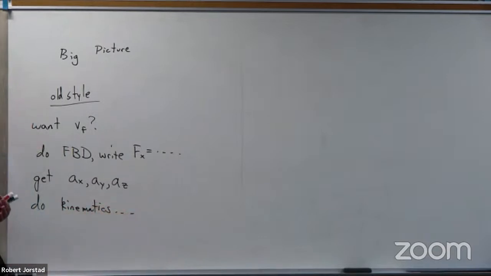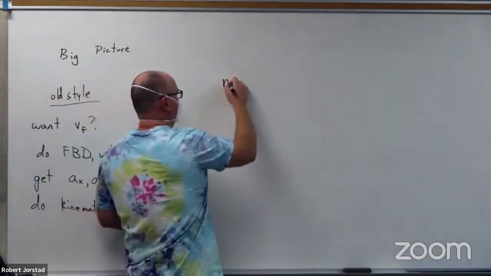Good to go, right? So when we had problems and maybe we wanted to find the final velocity of something, one of the things we could do is we could do FBDs, figure out that, right? Do you agree we could in theory do this? You could do forces to get an acceleration, then use that with kinematics, right? That would work. New style.